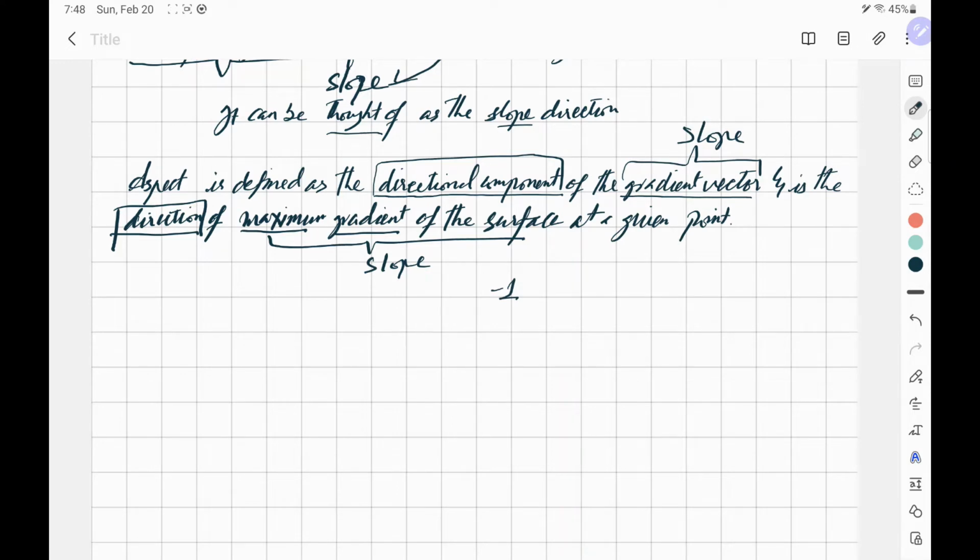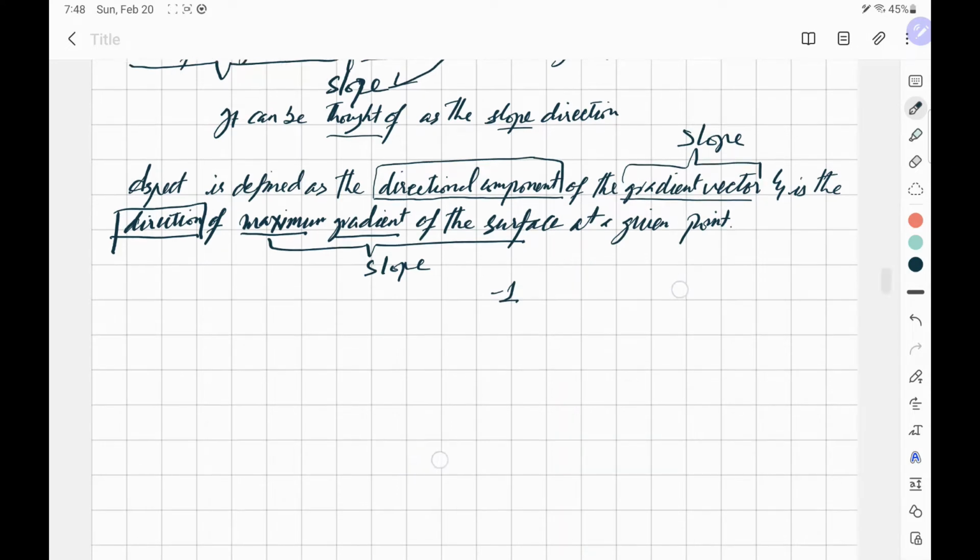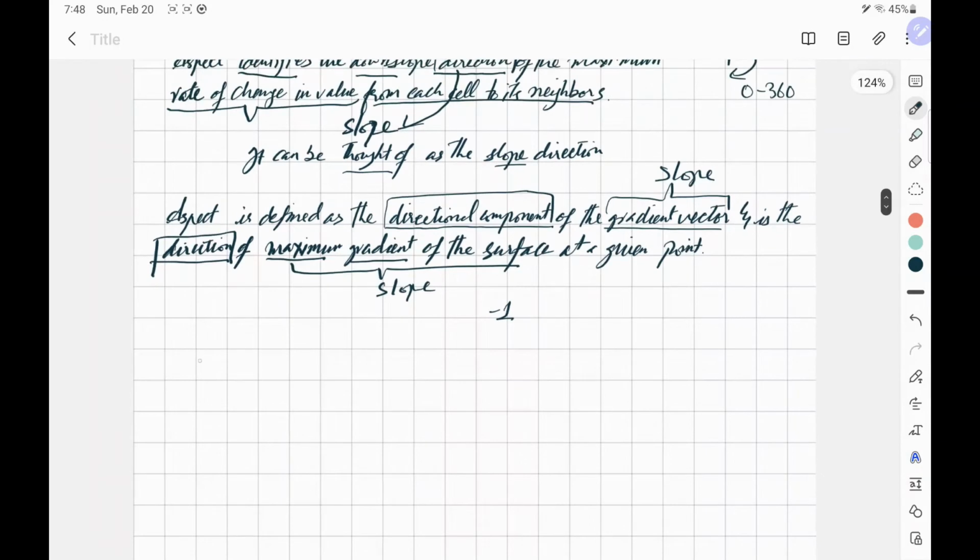Now let's talk about applications of aspect, why we need aspect.